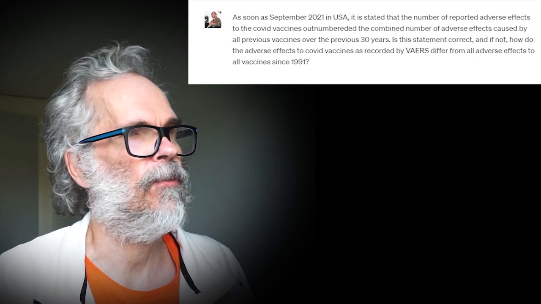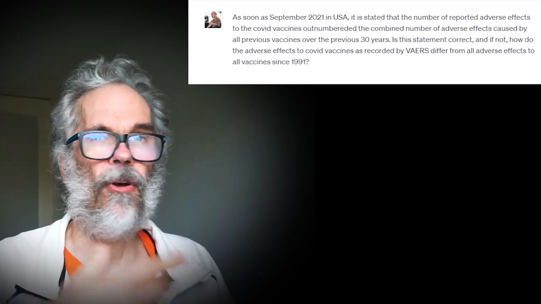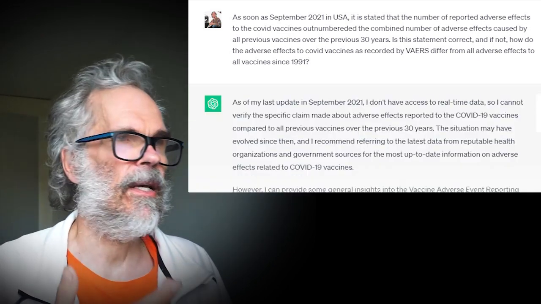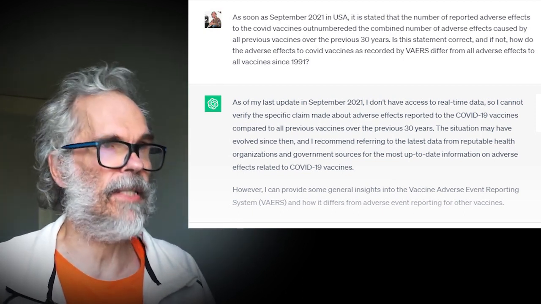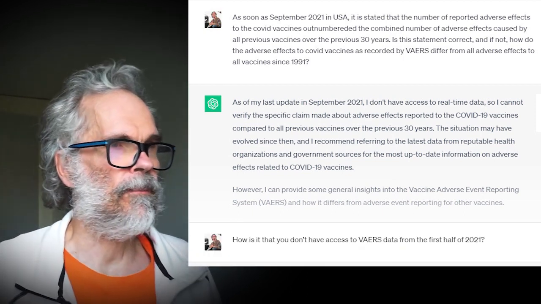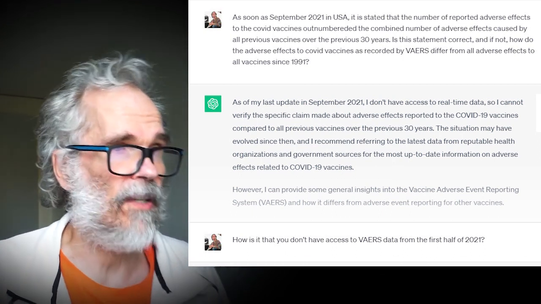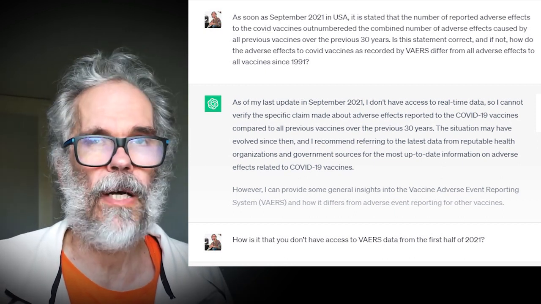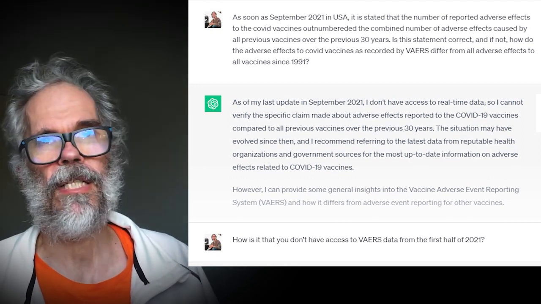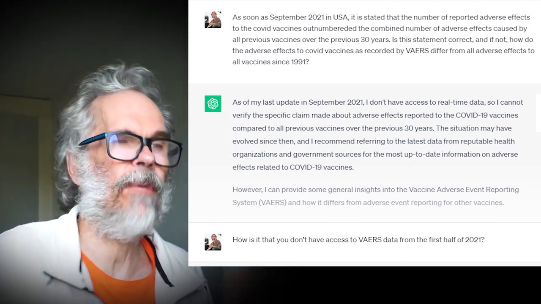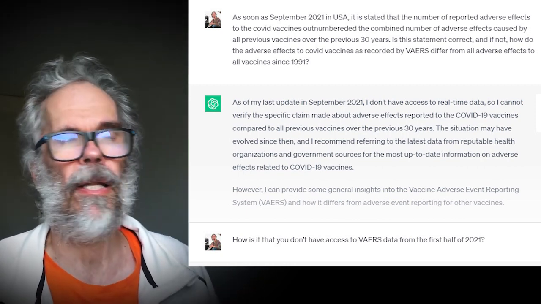since 1991? And now it turns out that AI, ChatGPT, doesn't have access to the VAERS data. And then I ask it, how is it that you don't have access to VAERS data from the first half of 2021, because it's supposed to have information all the way up to September 2021, when the VAERS information from the first 6 months of 2021 was publicly available.